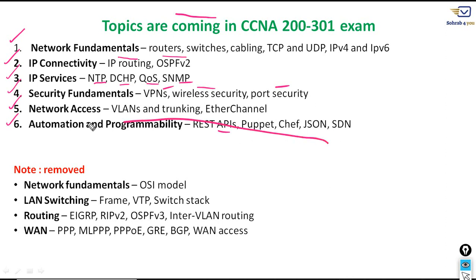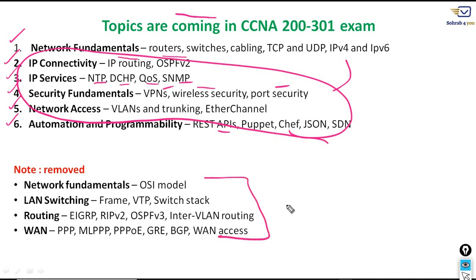This is the syllabus of your new CCNA. Some topics are no longer in your CCNA. For example, you do not have questions about the OSI model, VTP, or switch stacking. You do not have EIGRP, because Cisco has removed EIGRP, RIP, and inter-VLAN routing.